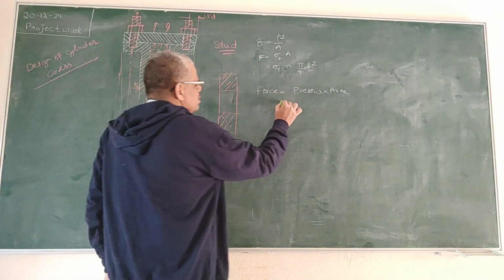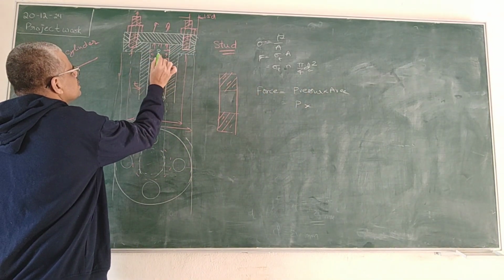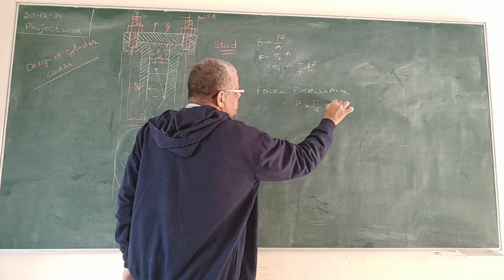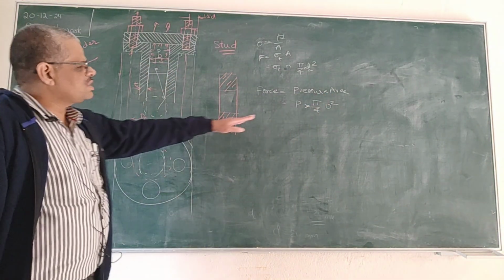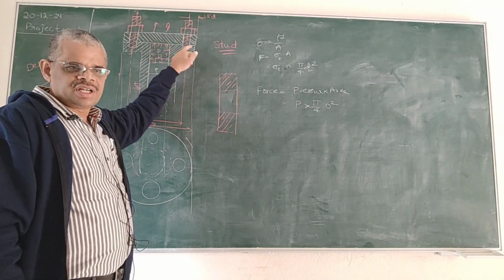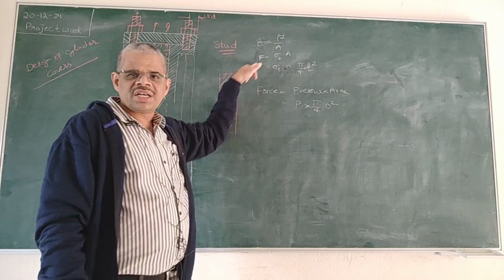So, the pressure is P, and what is this area? See, its diameter is D. So, this is pi by 4 D square. This is the force acting on the head, which is distributed to the bolts, all the studs. Both are equal. This force and this force are equal.